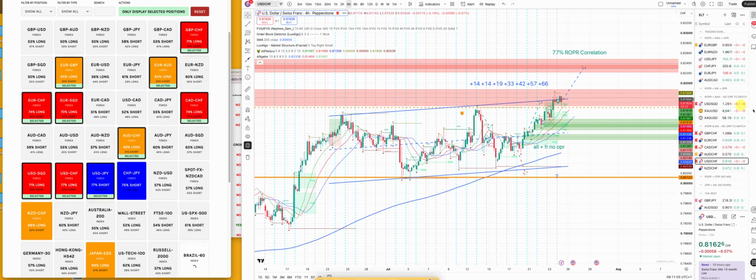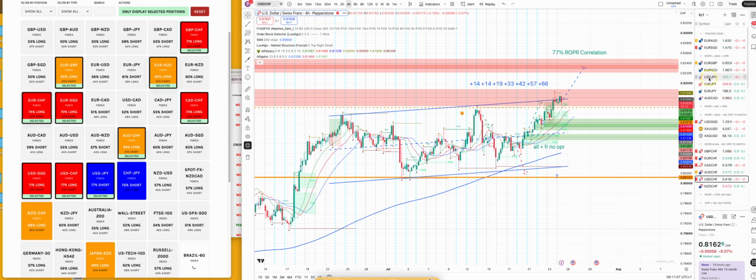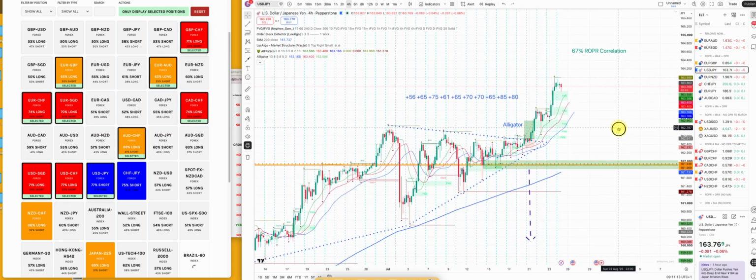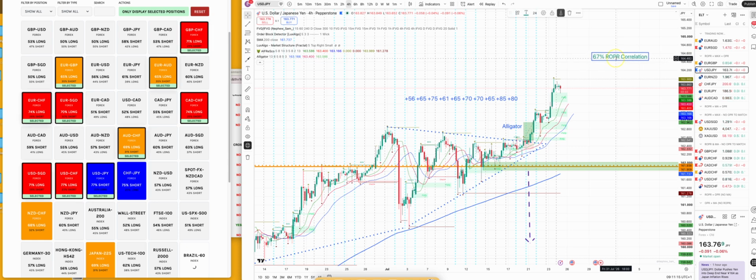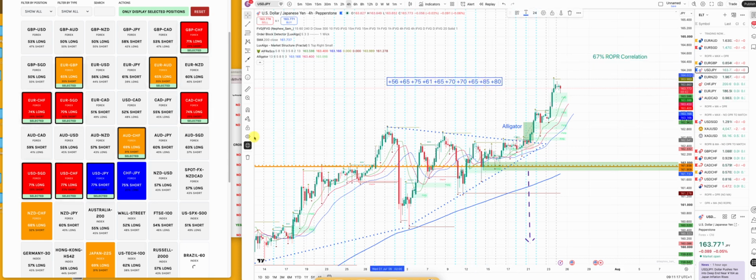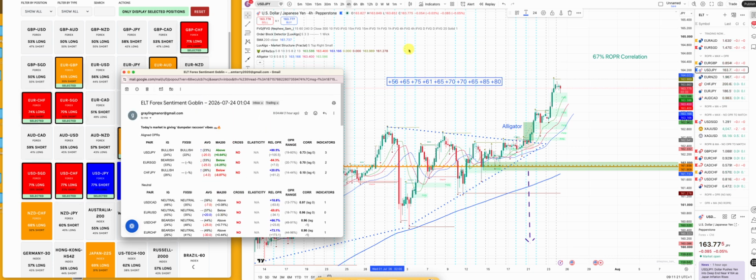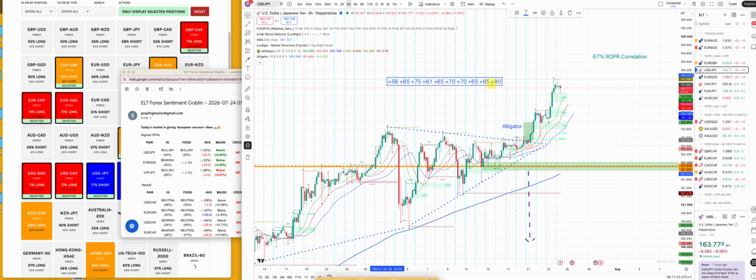Yen. Yeah, given the yen, the dollar strength, you could potentially take a trade on that if you felt lucky, but I would not do it. Plus 80 is the relative OPR.